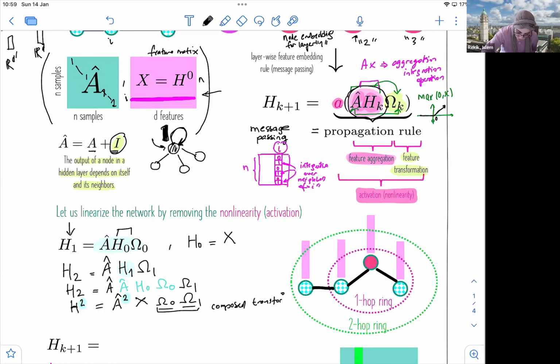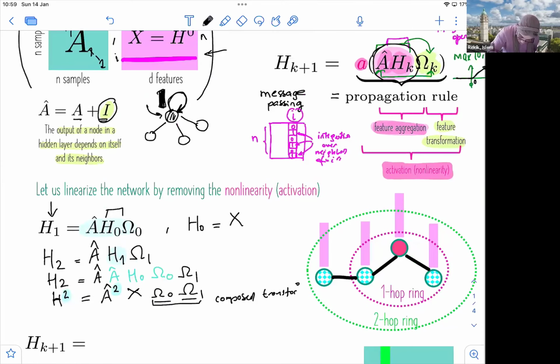So if we propagate that, let's try to write down the generalized formula. We're going to have H K plus 1. It's not squared, so it's going to be A hat raised to the power of K plus 1 times X times omega 0, the transformation, omega 1, until we get to omega K, the mapping from layer K to K plus 1.